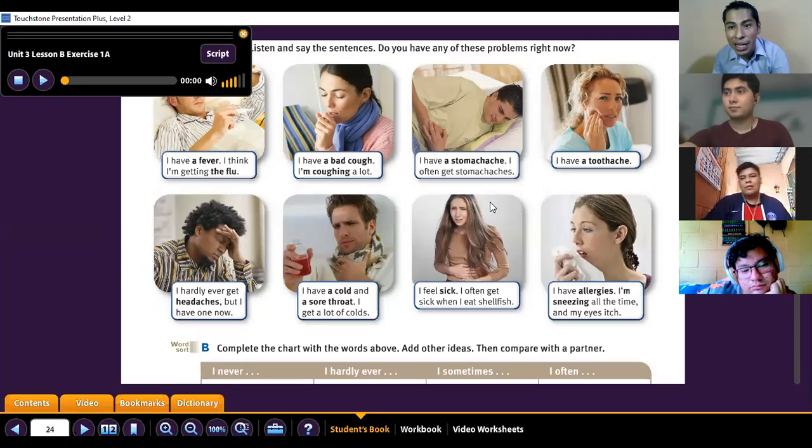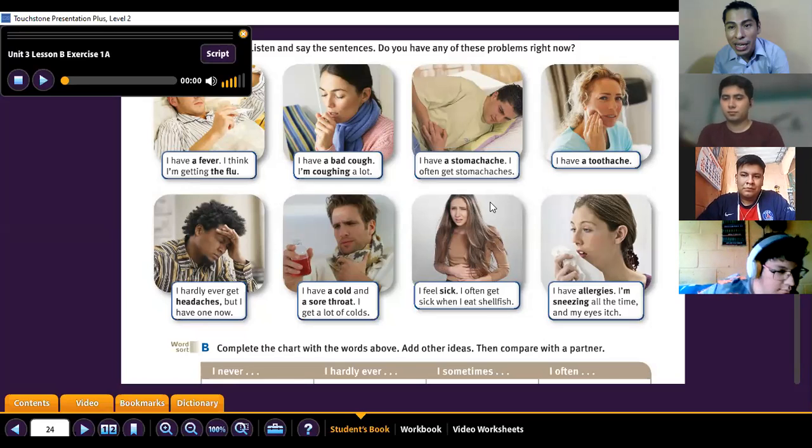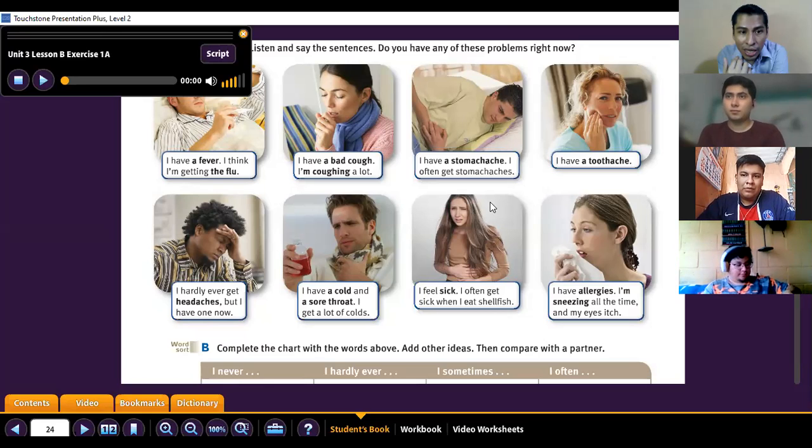Ache significa dolor. Pain también significa dolor. Pero para los malestares o para los problemas de salud normalmente no se dice stomach pain. Stomach pain normalmente es stomachache. Yes? Toothache. Headache.